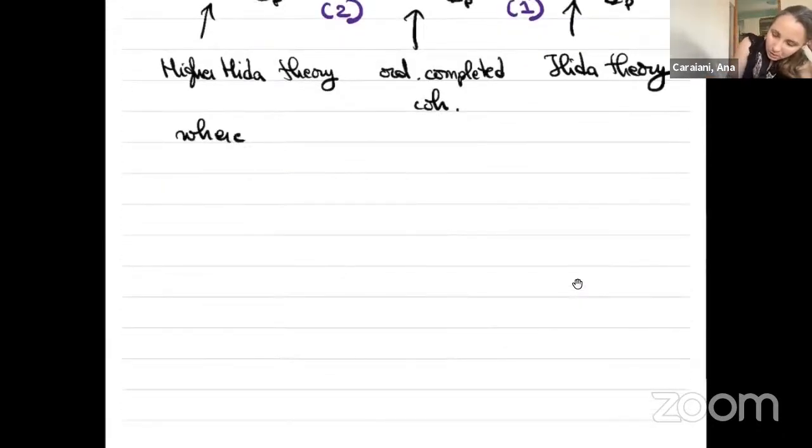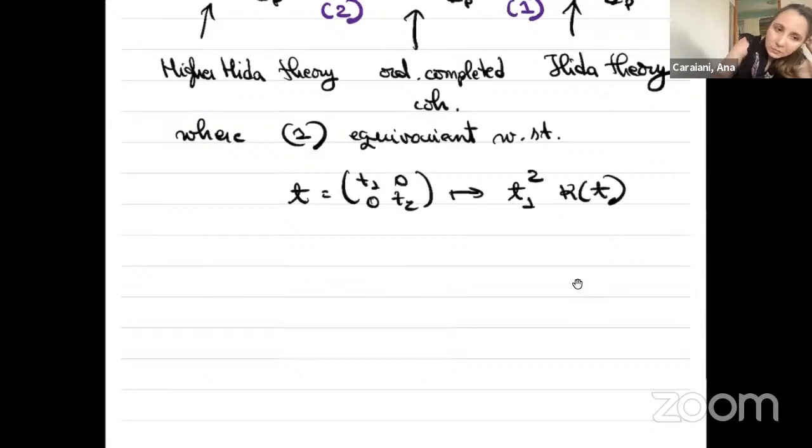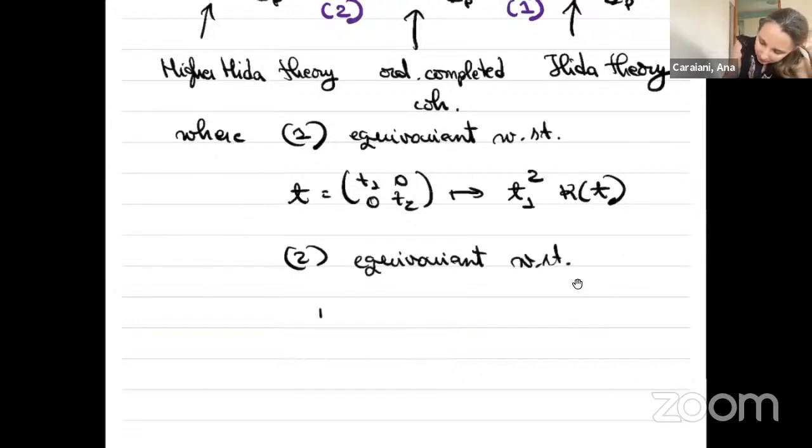So where 1 is equivariant with respect to the map that will send T to T1 squared times the universal character, and 2 is equivariant with respect to conjugation by the longest Weyl group element.